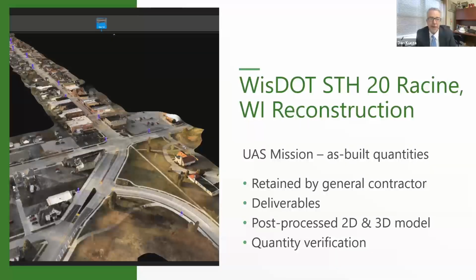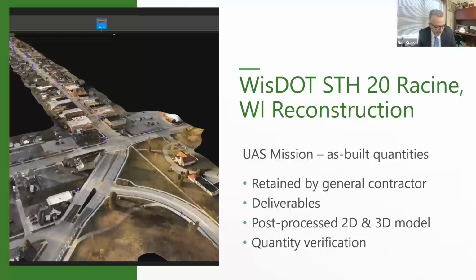At the completion of the project, we were hired by the general contractor to do an as-built drone flight to help them verify quantities for payment. It turned out it was a really busy season, and the contractor didn't have the records that they wanted, so they wanted an additional check to see that they were getting paid for all the work they had done.